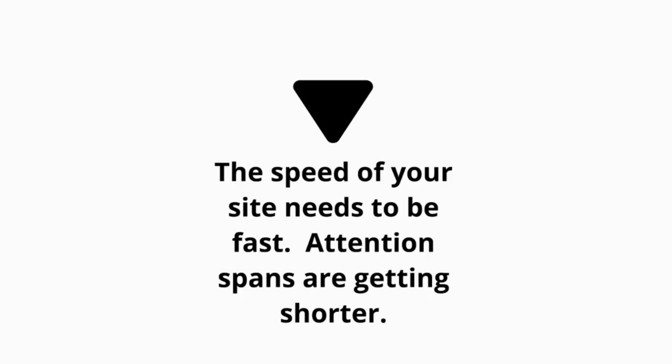If you think about it, the root cause of it all is that the speed of your site needs to be fast. And that's kind of a no-brainer. Attention spans are getting shorter and shorter, and that is why you need to look at that first.